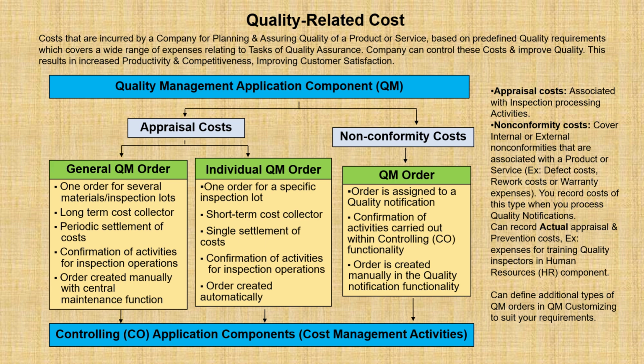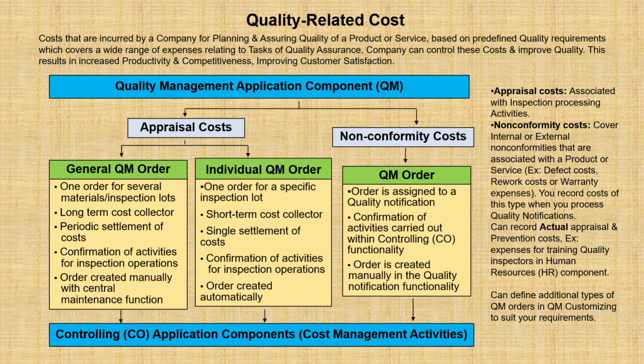A non-conformative cost: if we find any defect, when the material is rejected, we create a notification and properly document all the defects which we have noticed. Then we perform some tasks and activities so that we can minimize those defects.